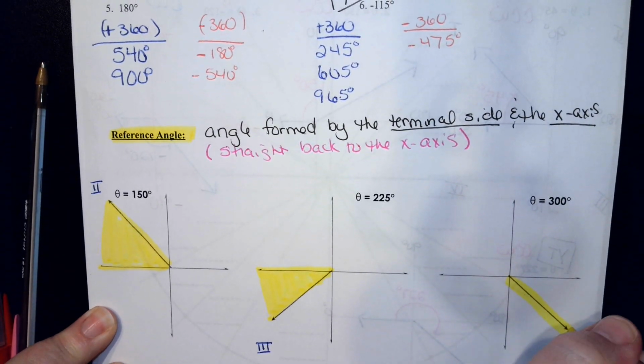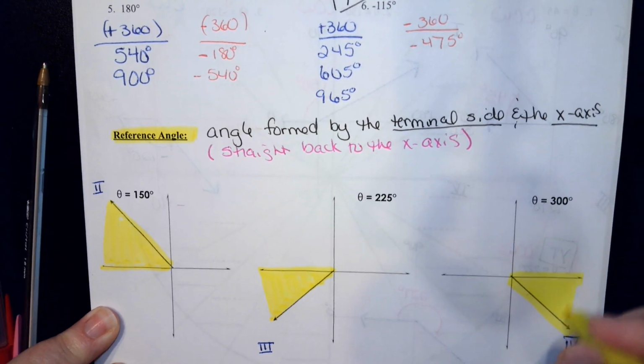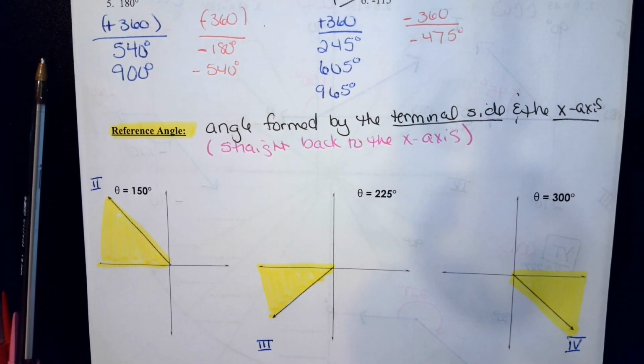From the terminal side to the x-axis. So this one right here is your reference angle. You're going to be presented with an angle, and you're going to be asked to find the reference angle for that angle.